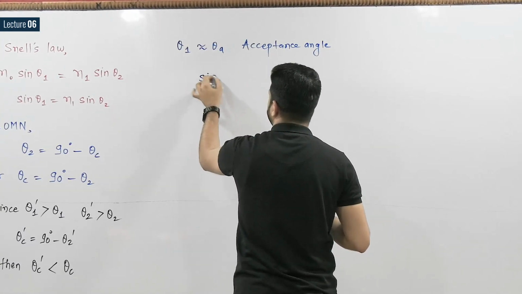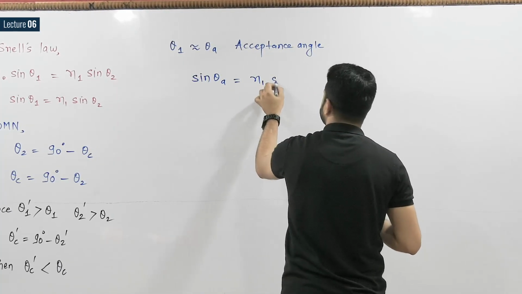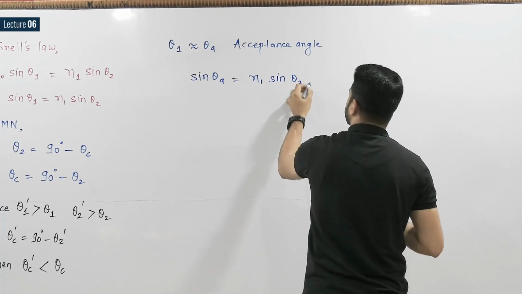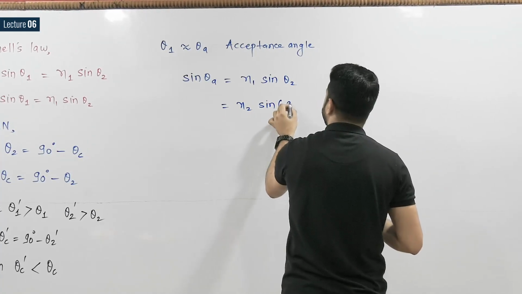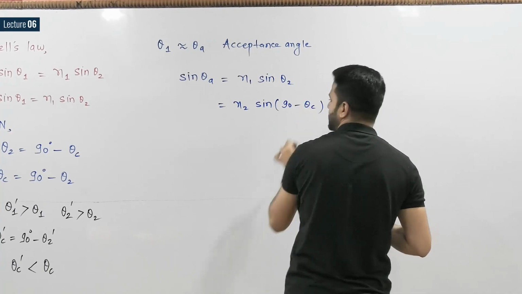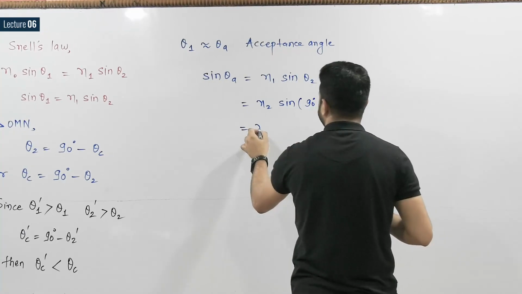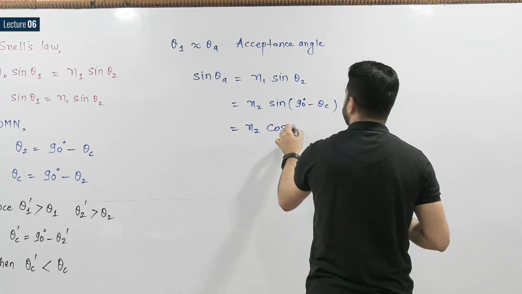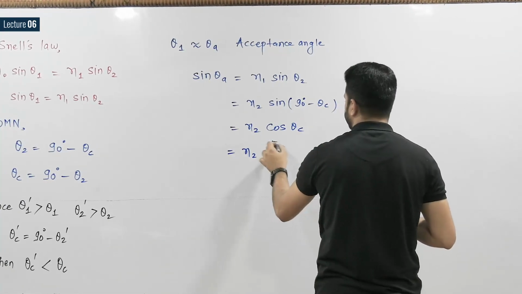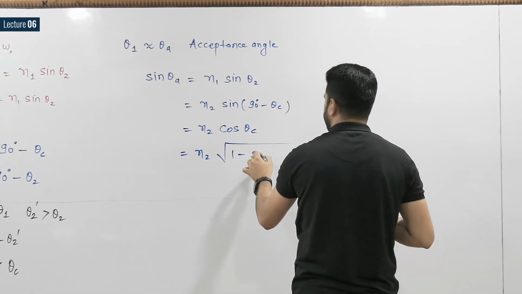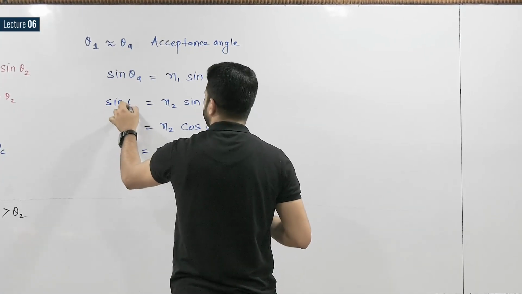This sine theta A is n1 sine theta 2, and this theta 2 can be written as sine (90 minus theta c). Sine (90 minus theta c) can be written as cos theta c, and it can also be written as root over 1 minus sine square theta c. So this is all sine theta A.